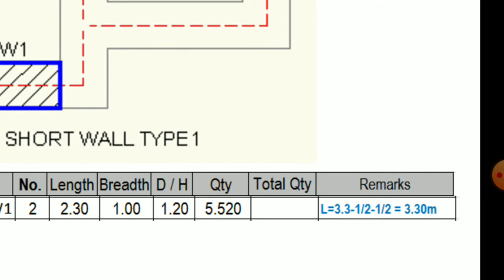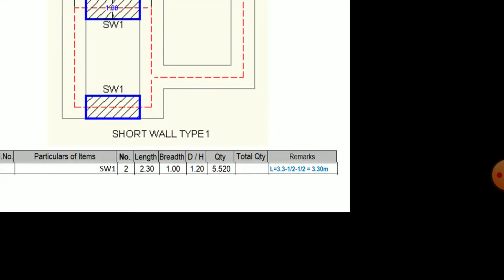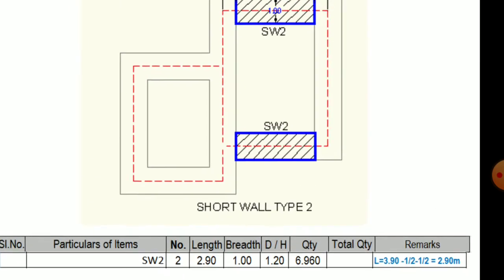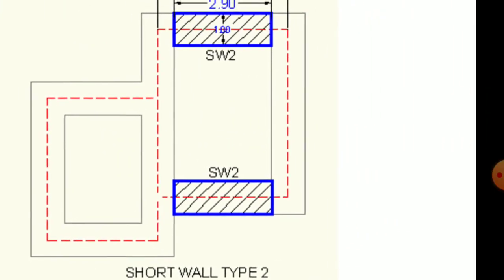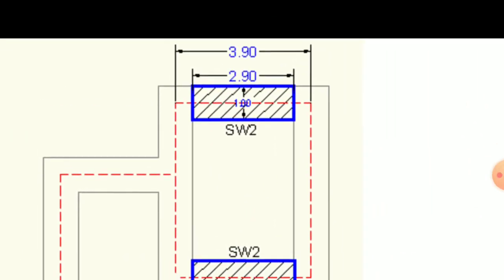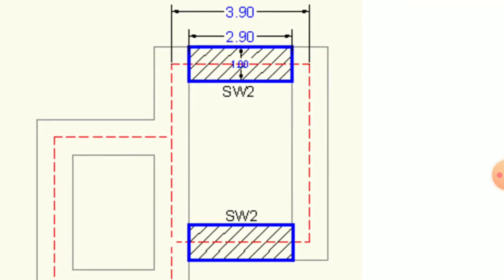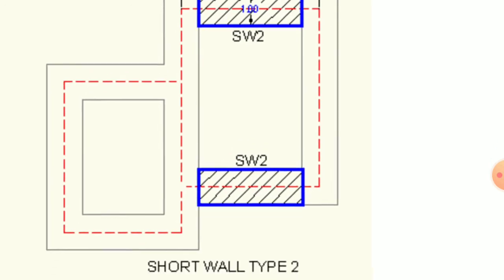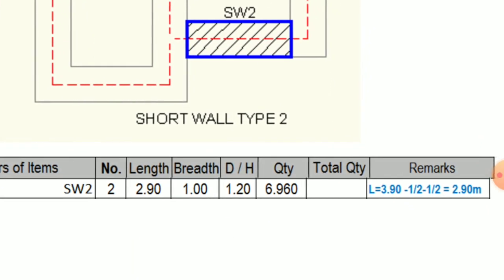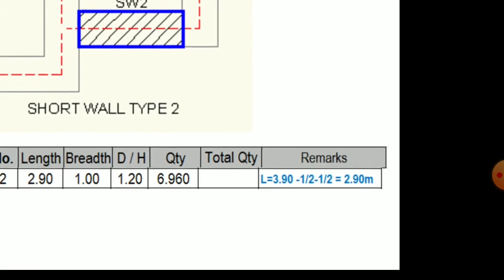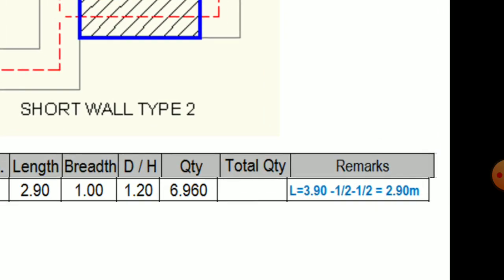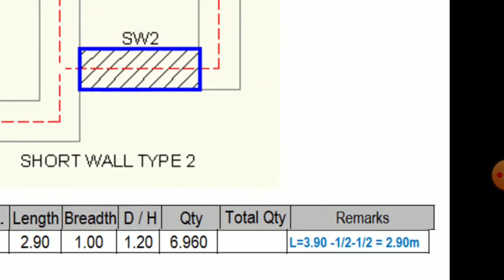Length will be 3.3 minus half the width of the foundation minus half the width of the foundation, so that will be 2.3 meter. Then short wall type 2: here the center distance of the wall is 3.9, and net length will be 2.9 for consideration. That is 3.9 minus half the width minus half the width, that is 2.9.